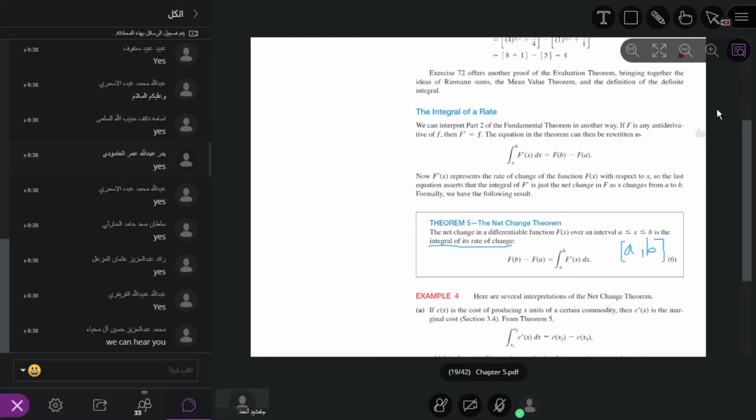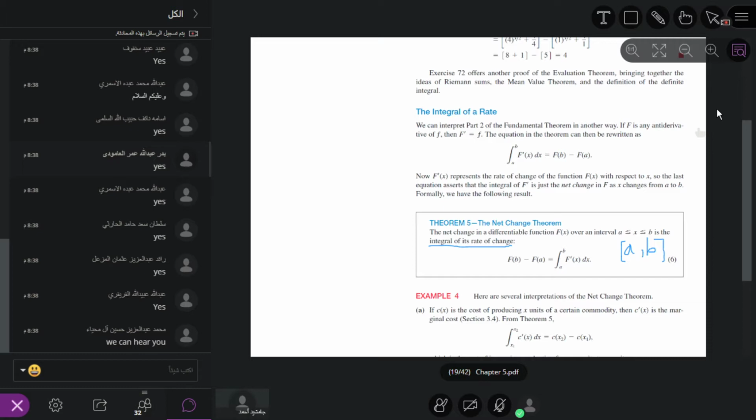So here we have f dash of x dx, and whenever we take the definite integral of f dash of x dx from a to b, it is equal to f of b minus f of a.